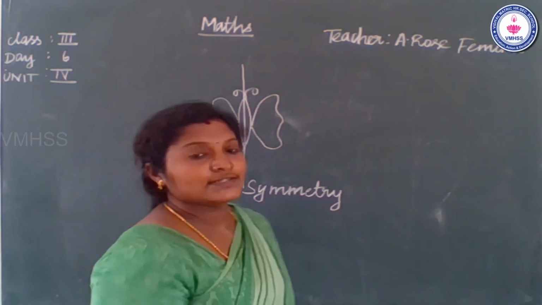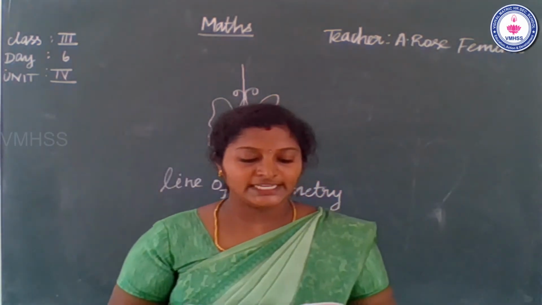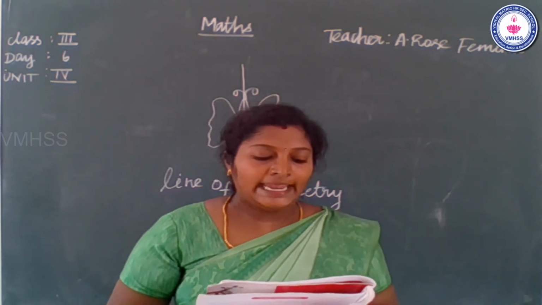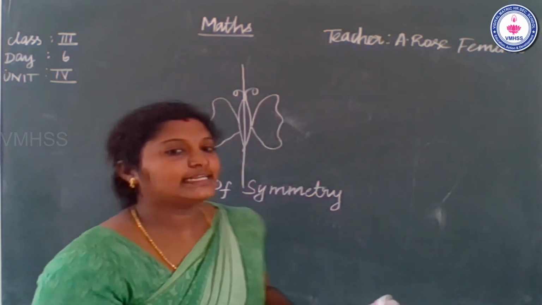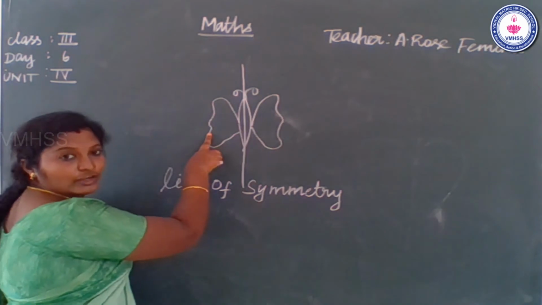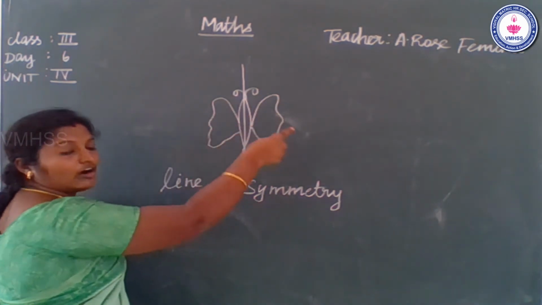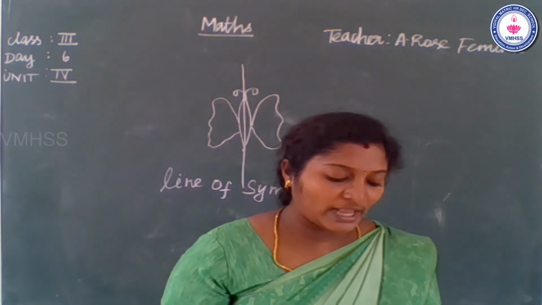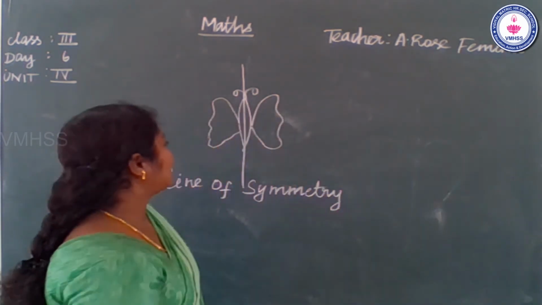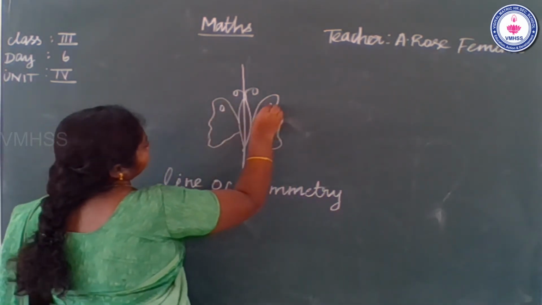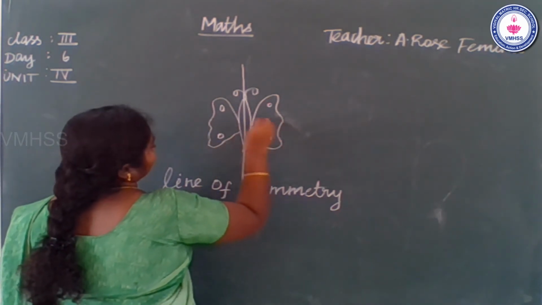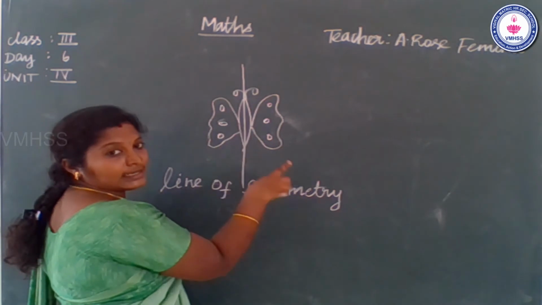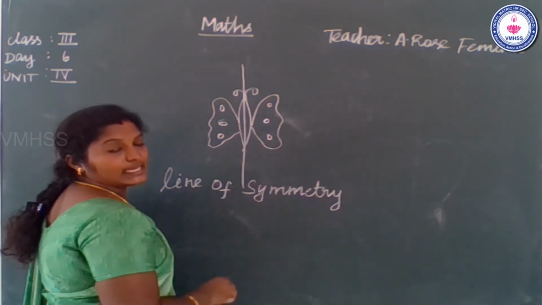So students, an object is said to have symmetry when one half looks exactly like the other half. The wings on the left side look exactly like the wings on the right side. Left side and right side are equal.